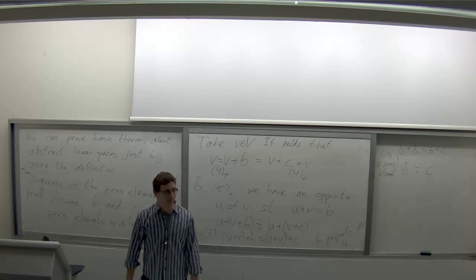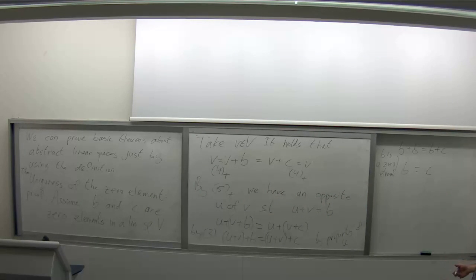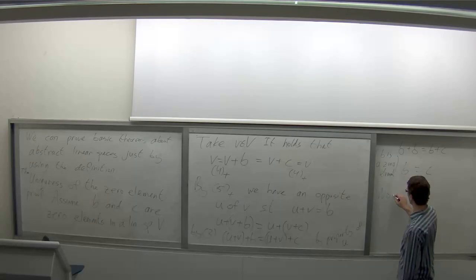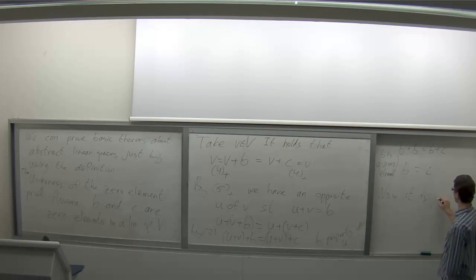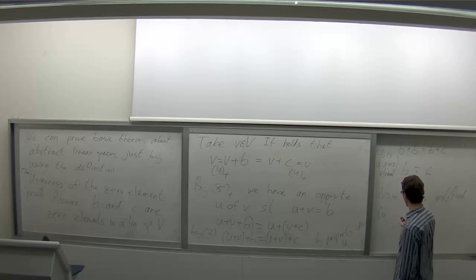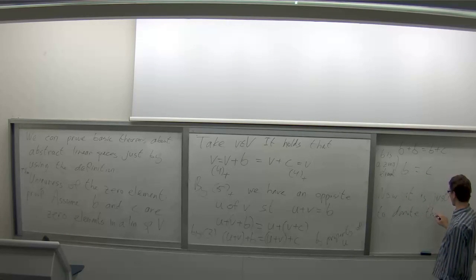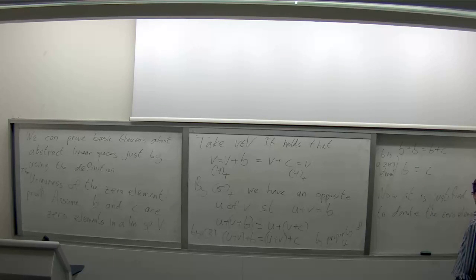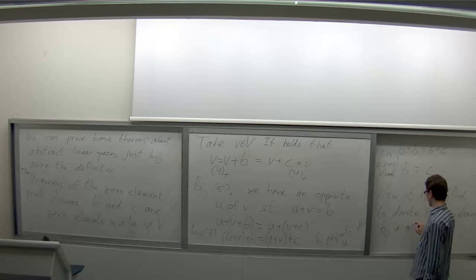So the zero is unique, so from now on the zero is going to have a special notation. It is now justified to denote the zero element by a special notation.